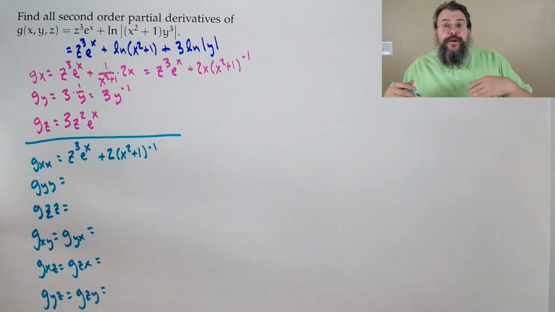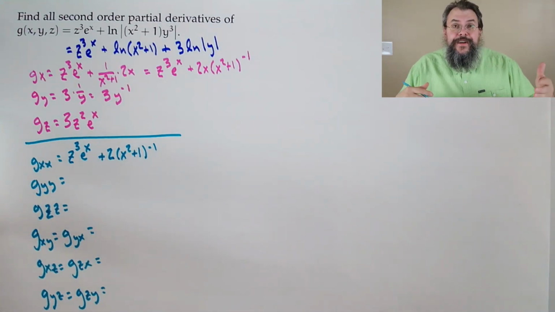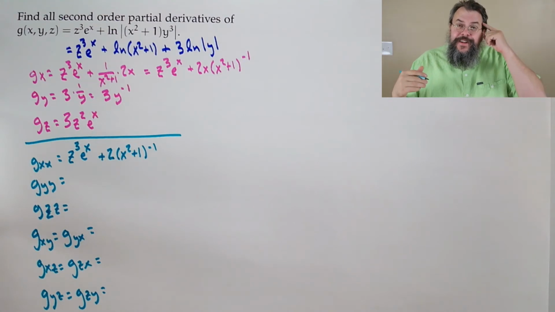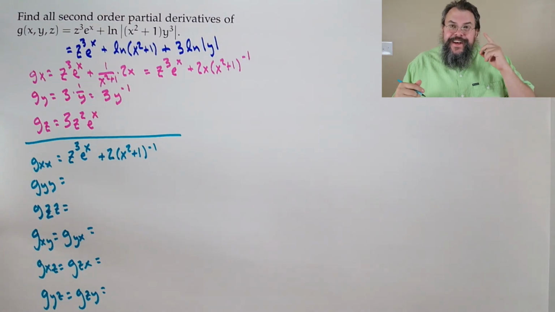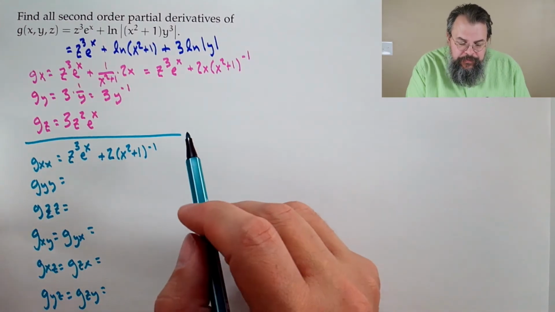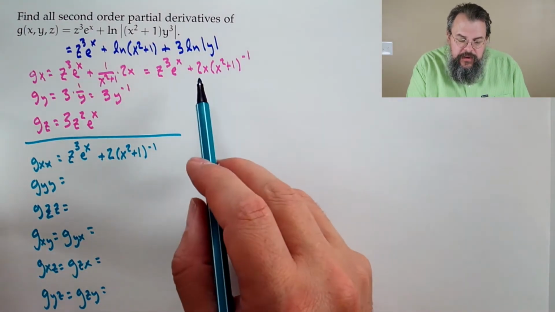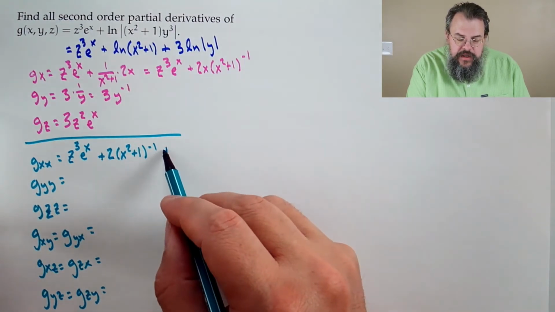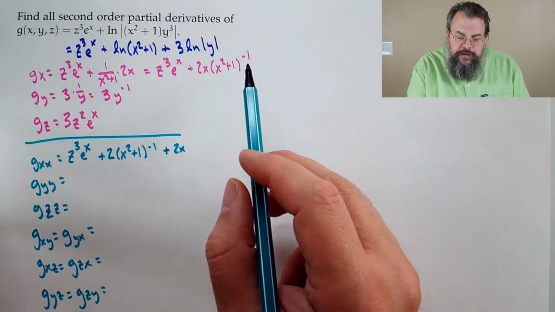Oftentimes I'll forget to say that out loud, and I apologize, but we're at least thinking it, right? Good. That's the key. Okay. So that's derivative of the first times the second plus the first, 2x, times the derivative of the second.